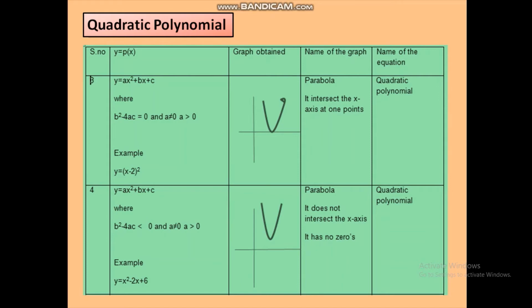So this equation does not have any zeros because the graph line does not intersect the x-axis. So here we conclude that the number of zeros can be determined by the number of intersection points of the graph line with the x-axis.